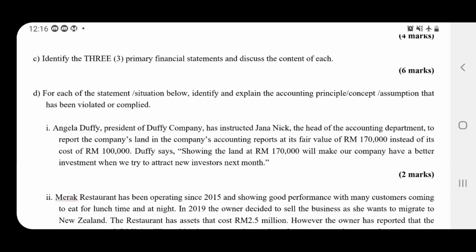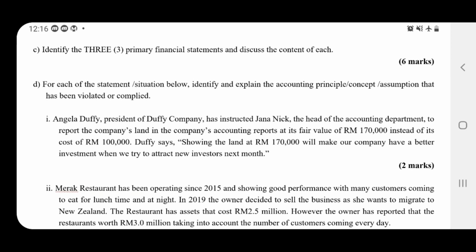Income statement shows the performance of a business, and in the income statement you can see the revenue of the business and also the expenses of the business. If the revenue is greater than the expenses, then the business is making profit. And if the revenue is less than the expenses, then the business is making loss.